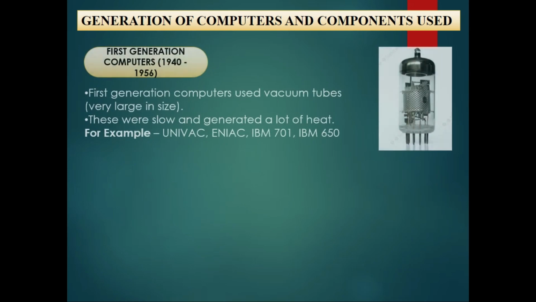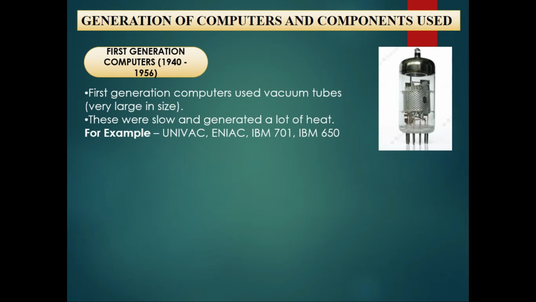So the first one is first generation, which falls under 1940 to 1956. In this generation, vacuum tubes were used. The component which was used in this generation was vacuum tube, which was made up of glass to store the data.